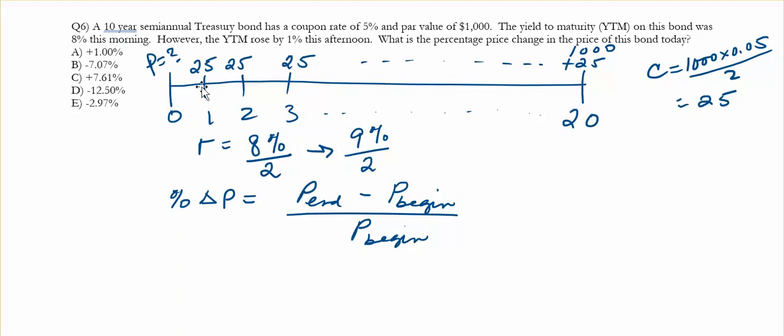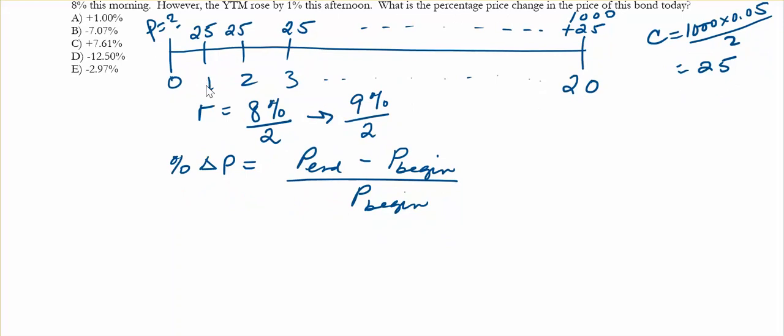So at this point, we can use the timeline, see if you can apply the idea from the previous questions here. The interest rate starting out at 4%. We want to know what the price would be.